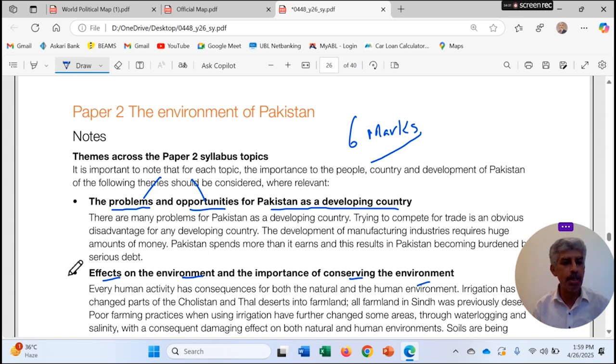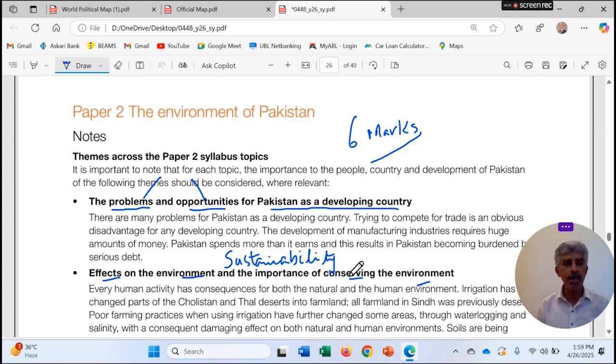The second factor is effects on the environment and the importance of conserving the environment. This second bullet point is related to sustainability: how to conserve the environment.